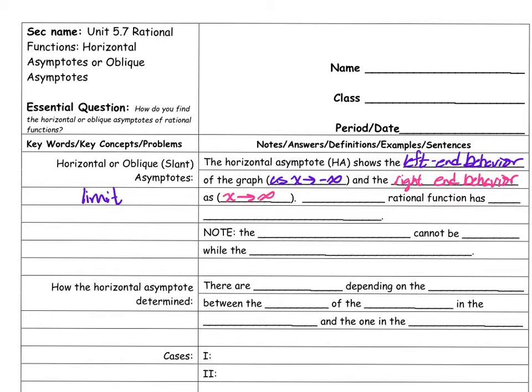So the next part of our definition says every rational function has one horizontal or oblique asymptote.